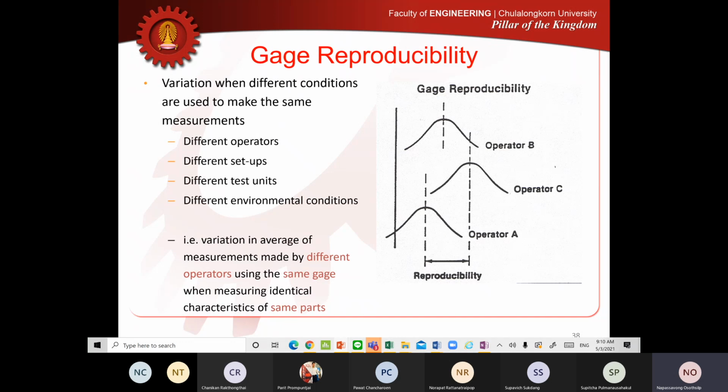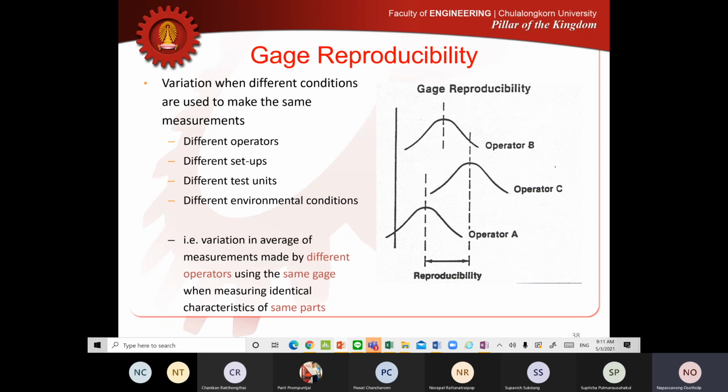We expect each measurer to give the same measurements when measuring the same part, so the measurements should not depend on the performance of each operator, because what we really want is to quantify the dimension of the part.